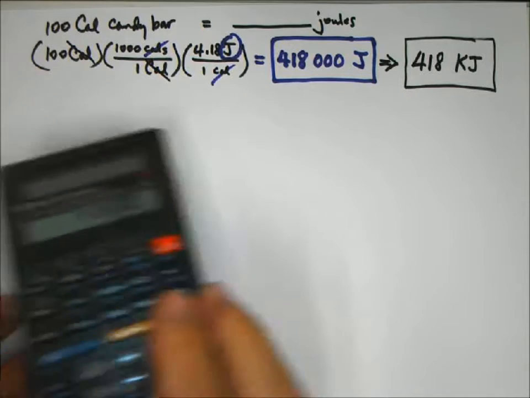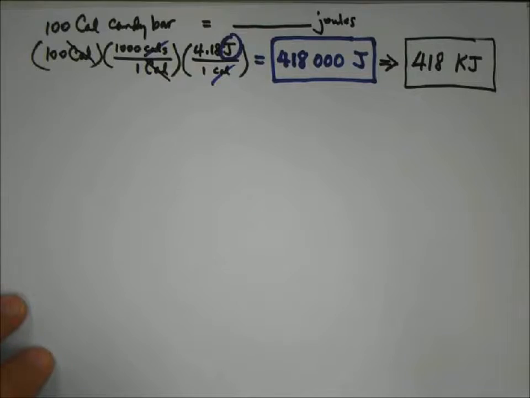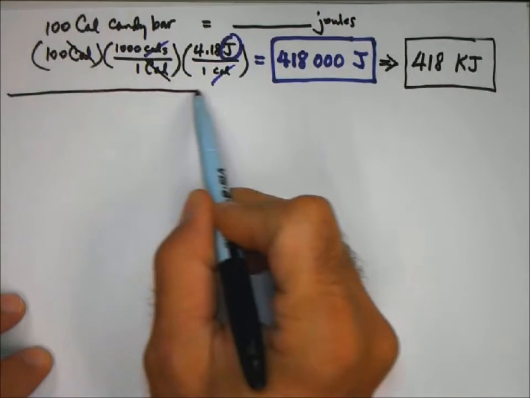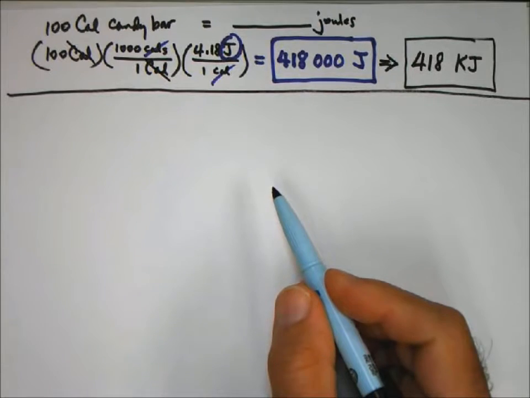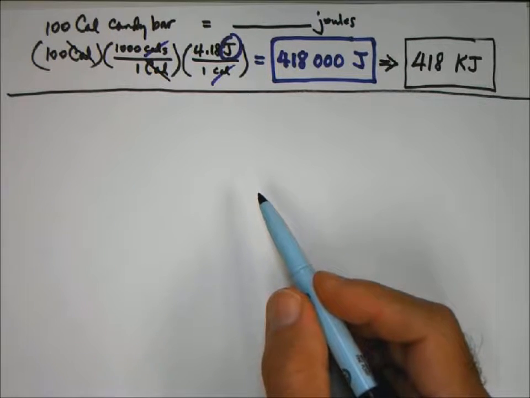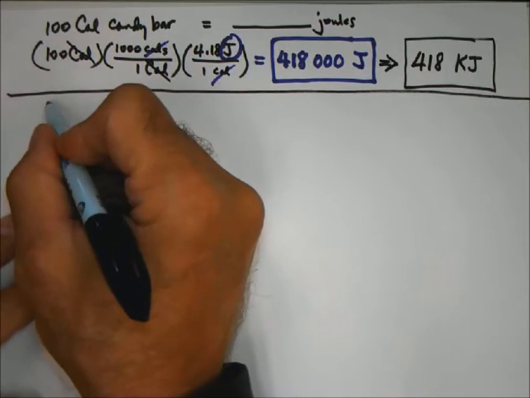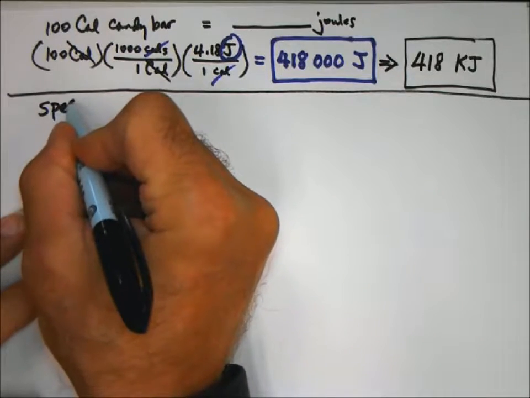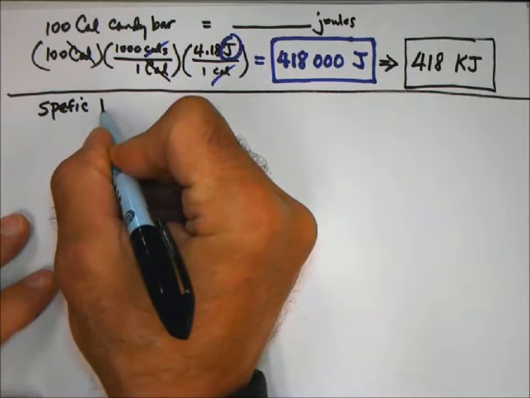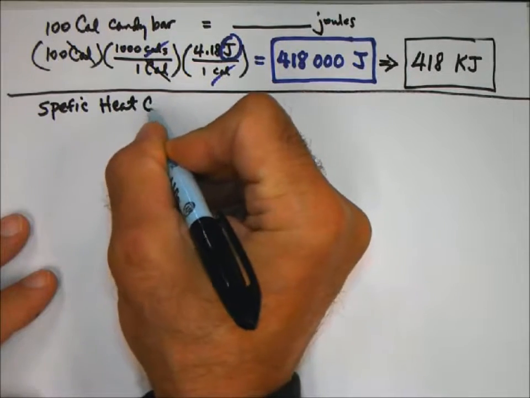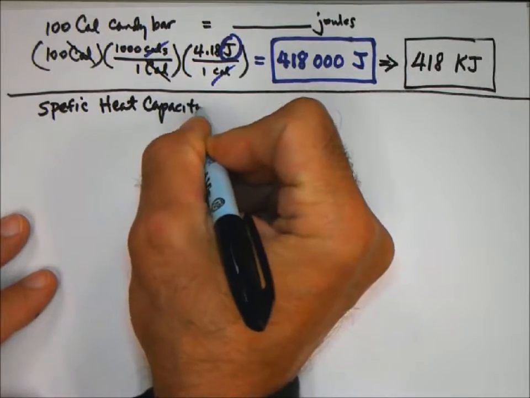Next step, let me just put a line here. Let's take a look at the aspect of what's known as specific heat capacity. Specific heat capacity. Oh, I didn't spell specific right, did I?